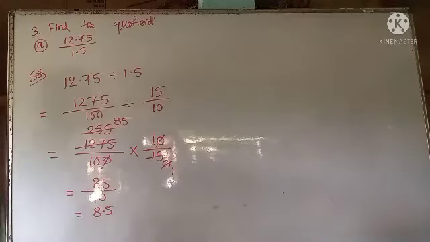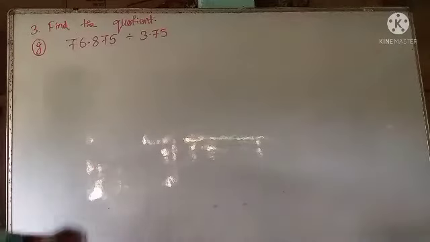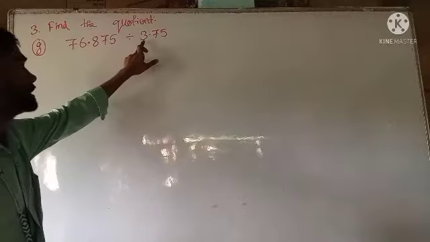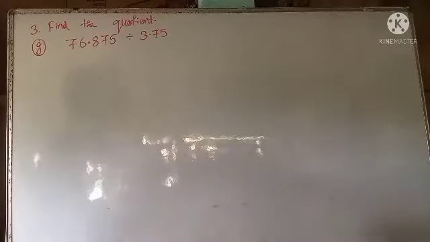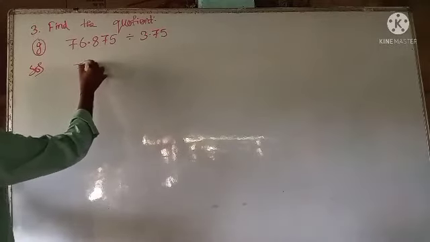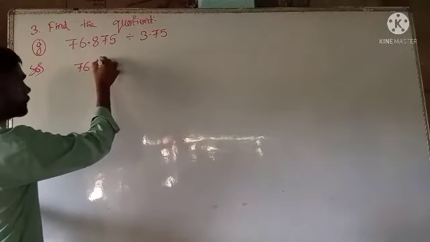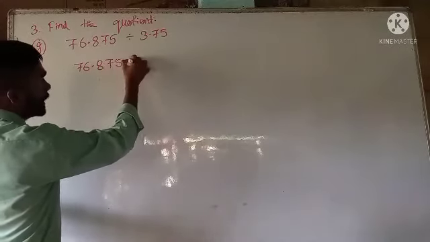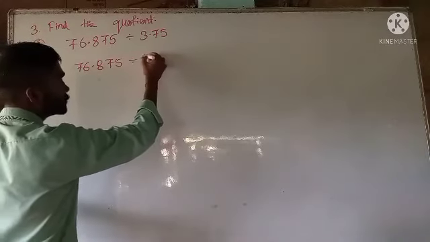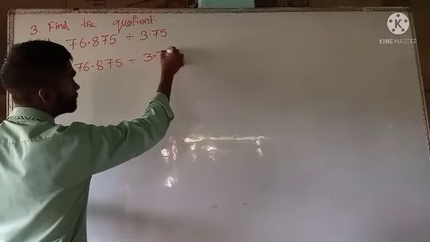Let me show you now option number G. 76.875 divided by 3.75. First, what we are going to do is convert these decimals into rational numbers.